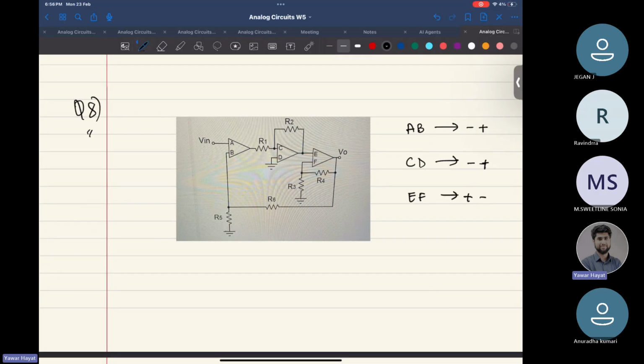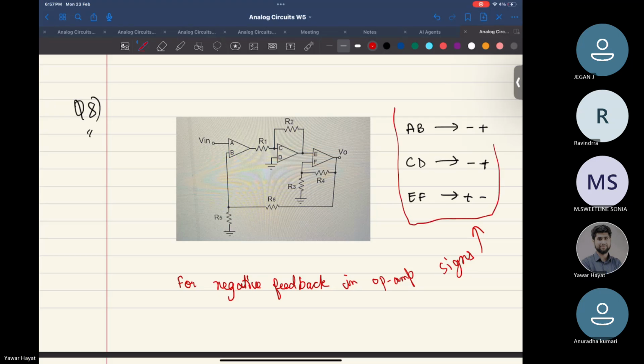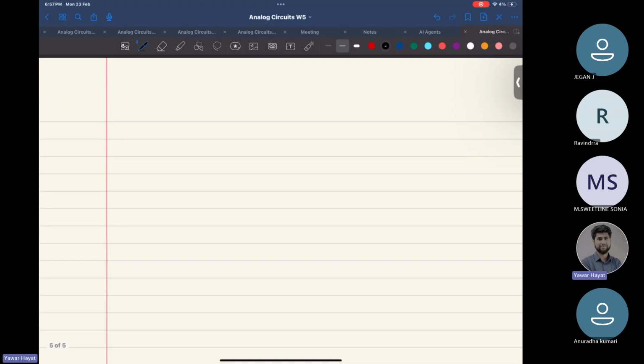For negative feedback, or I should say for negative feedback in output. The signs that you should use is this. Now question 9.